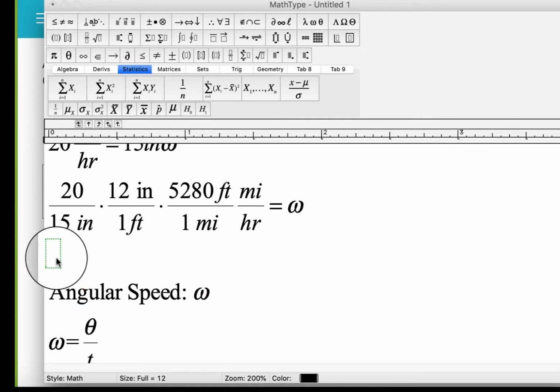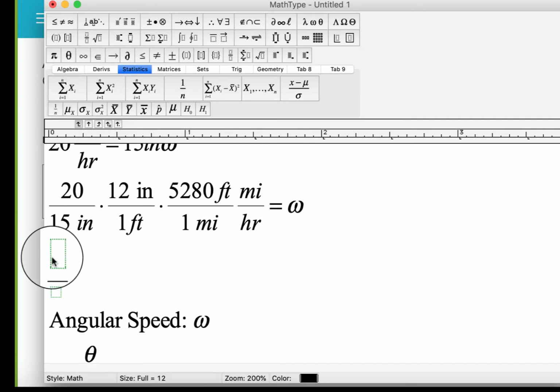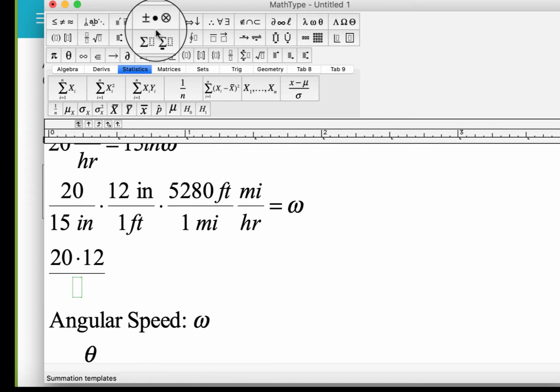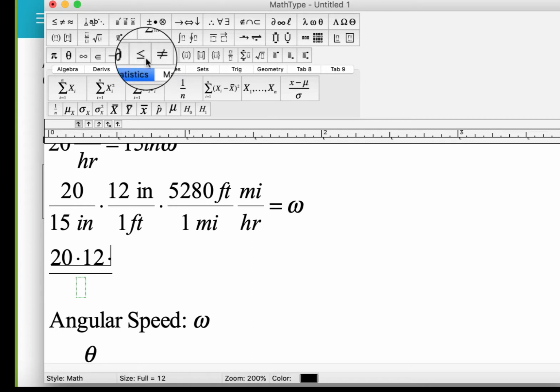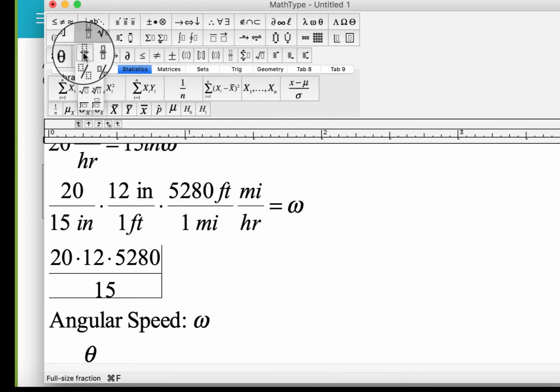So we have 20 in the numerator times 12 times 5,280 divided by 15. And it looks like 15 is the only number in the denominator besides 1. Okay, perfect. And that's going to be radians per hour.